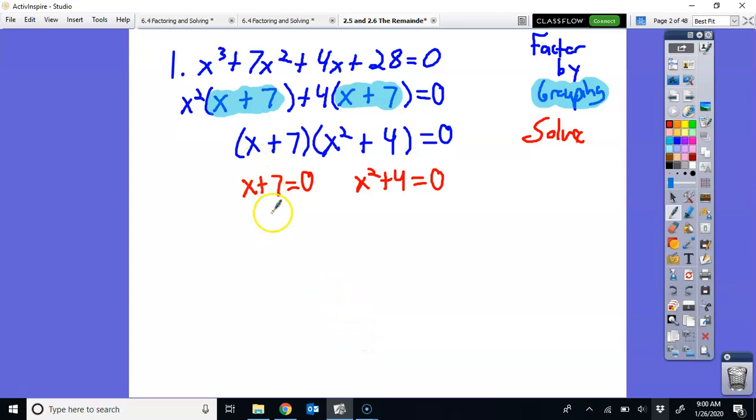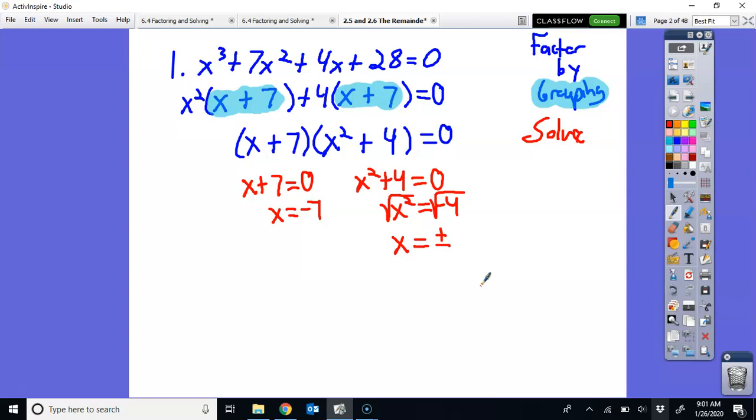So we take this and we subtract 7. One of our answers is -7. On the other one, we subtract 4 to get the x squared by itself, take the square root on both sides, and we get x is equal to plus or minus. Don't forget, whenever you solve using a square root, you have to remember that it can be a positive or negative answer.